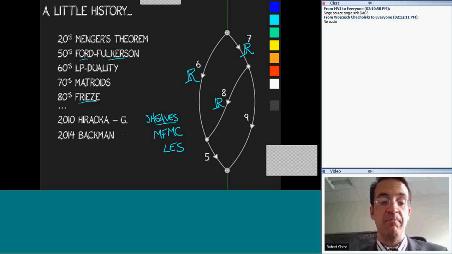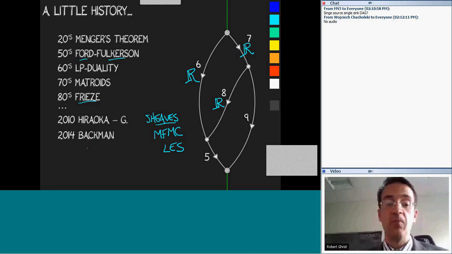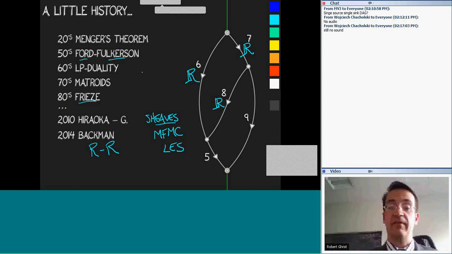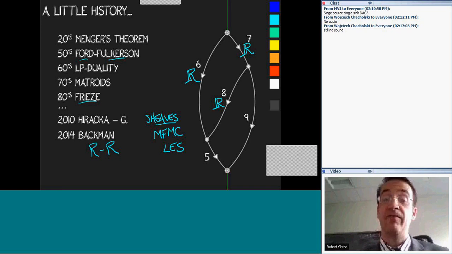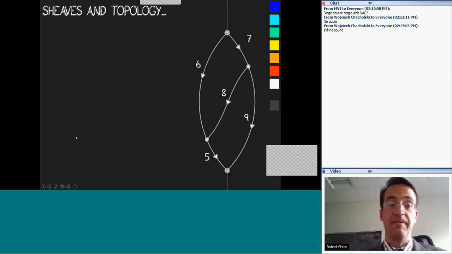There's been some work, Bachman in particular, just recently, that showed an algebraic geometry approach to MAXFLOW-MINCUT using Riemann-Roch theory. I've skipped a bunch of other relevant work, for which I apologize, and can only say that there's a finite amount of time and space on this slide.